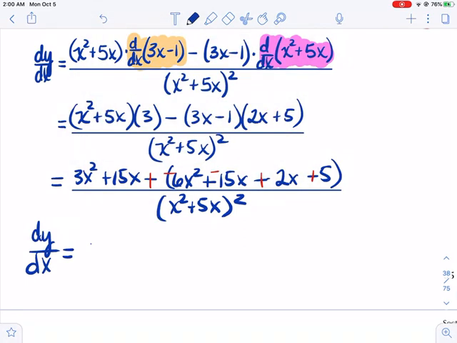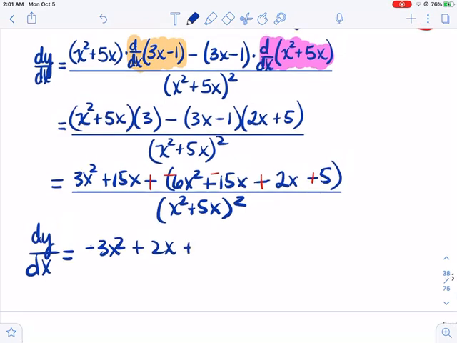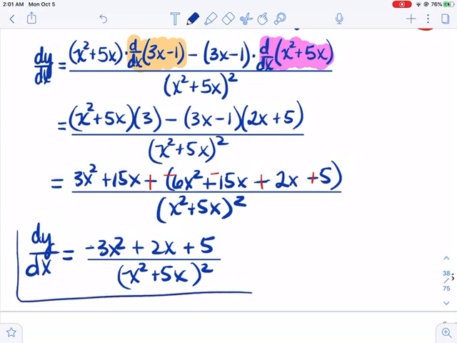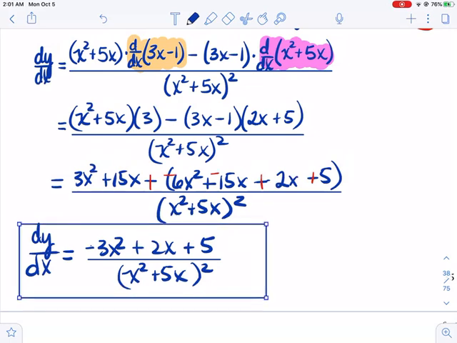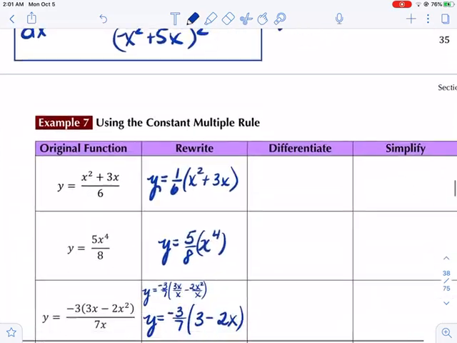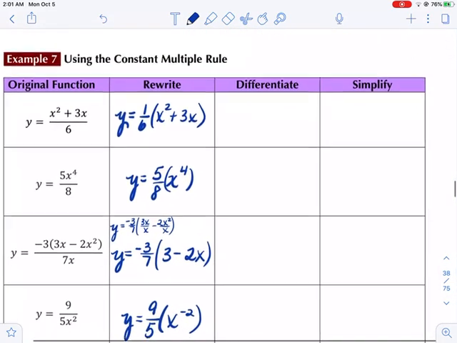So combining those like terms, you should get negative 3x squared plus 2x plus 5, and then that's all over x squared plus 5x, quantity squared. Okay, and that's all we needed to do, right? Find the derivative. Then we have example 7. Example 7, I already started using the constant multiple rule.